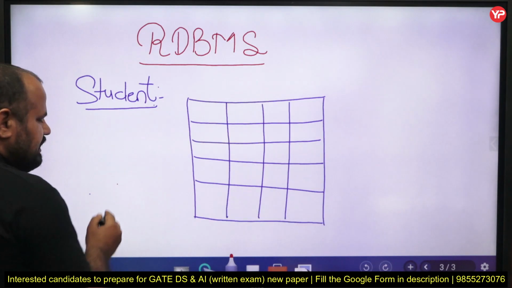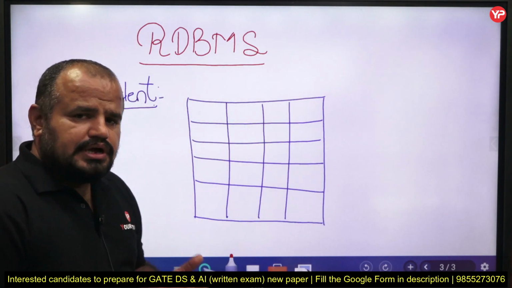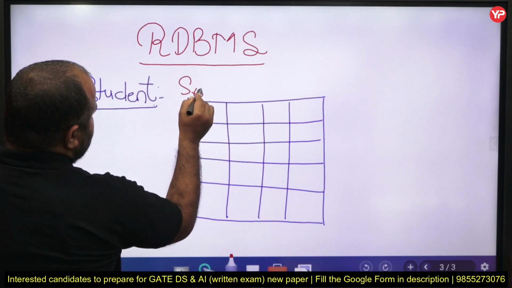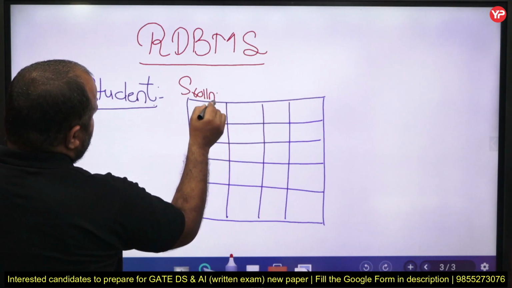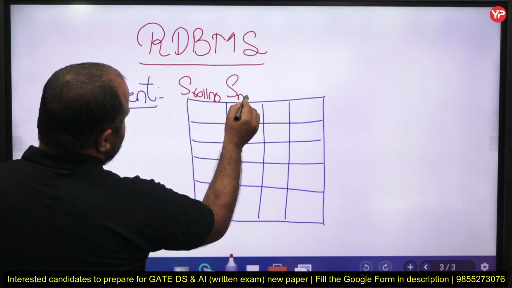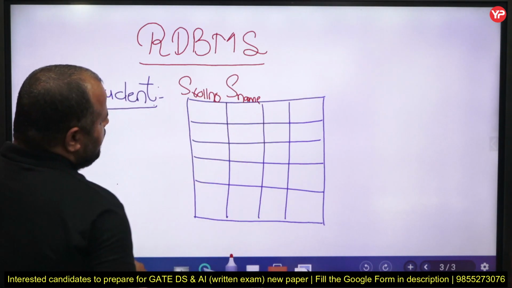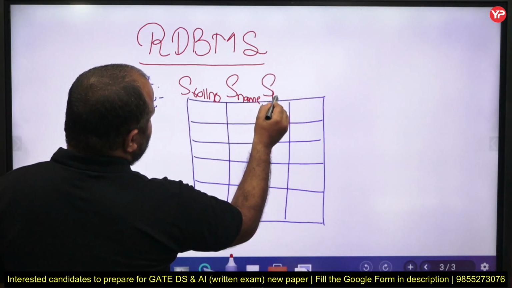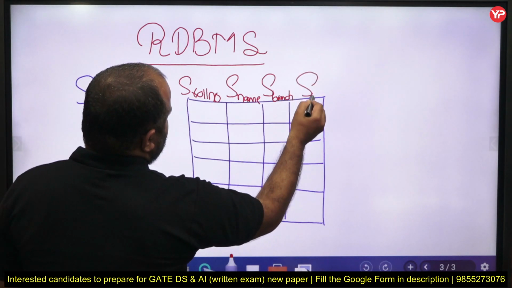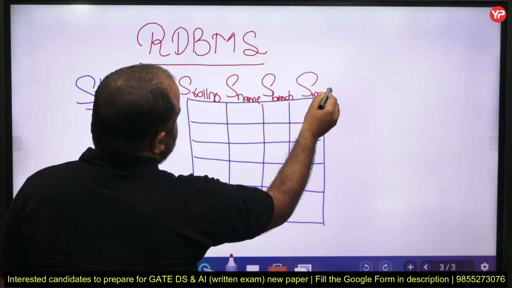So what information do I want to store? I want to store the roll number, the name of the student, the branch of the student, and the marks of the student.